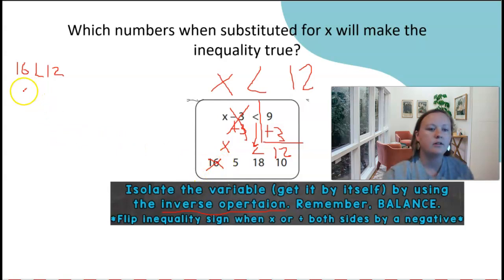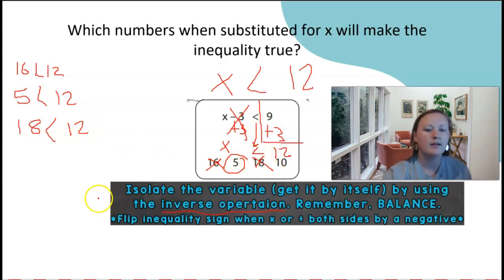Let's do another one. 5 is less than 12. That's true, so we'll circle 5. Our next number is 18. 18 is less than 12. 18 is not less than 12. 18 is more than 12, so we'll cross that out.